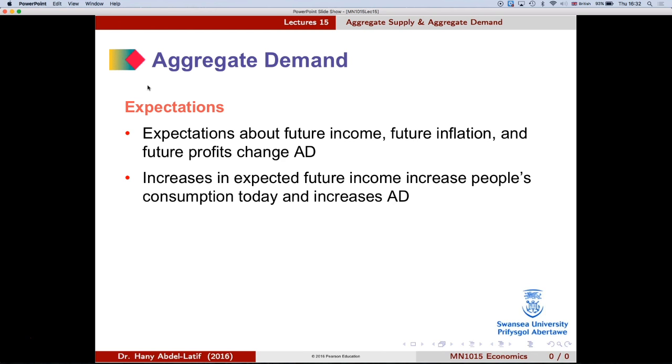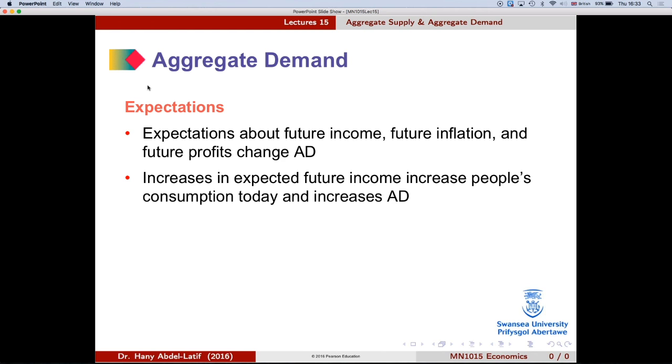Do you remember what these components are? Consumption, investment, government spending, and net exports. You have to remember those. So if you want to understand how the aggregate demand changes, you need to understand what the components are.